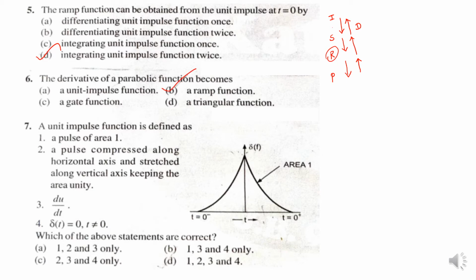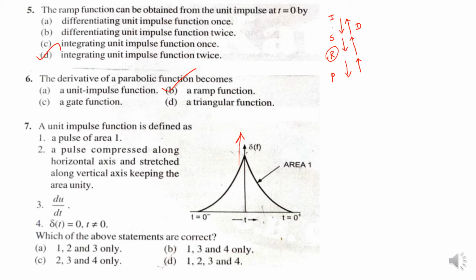A unit impulse function is defined as a pulse of area 1. Always the unit impulse function has area 1. The pulse is compressed along the horizontal axis and stretched along the vertical axis. Then differentiating the unit step function, we get the unit impulse function.